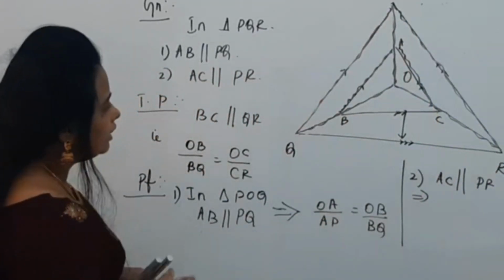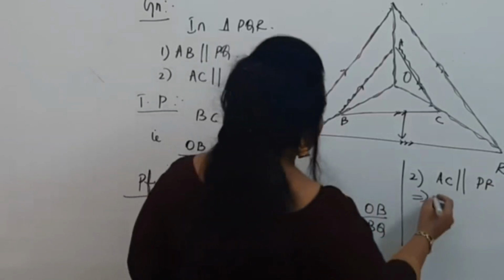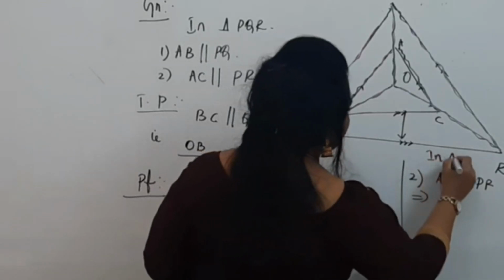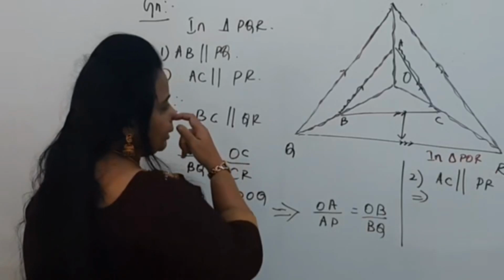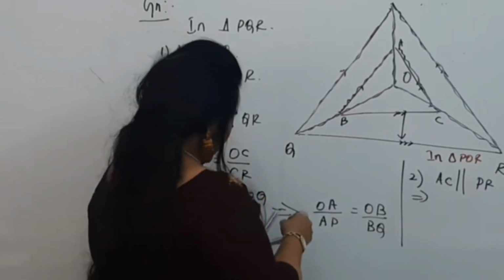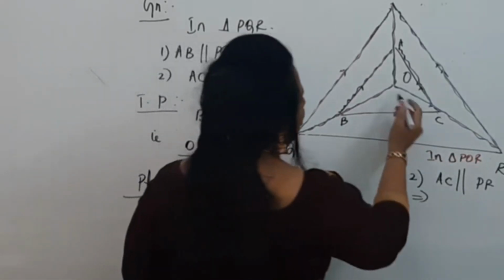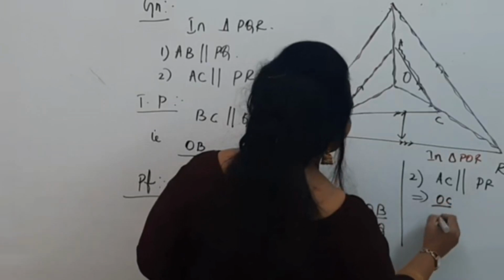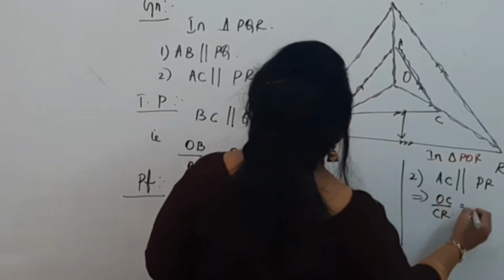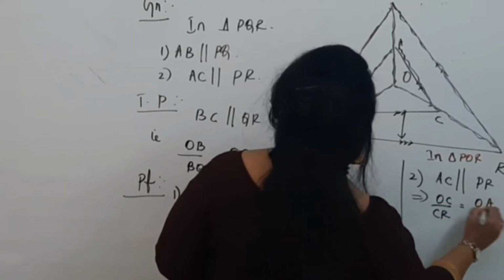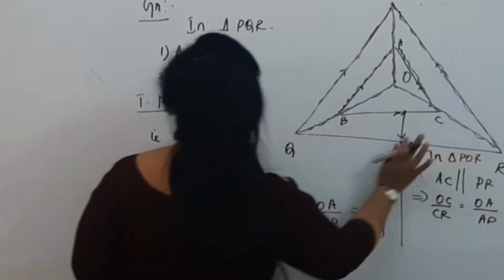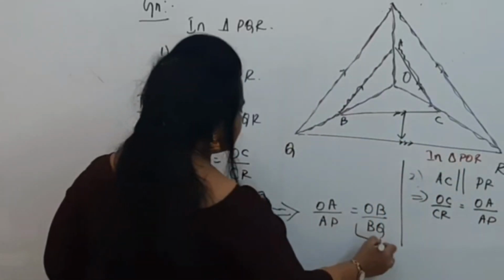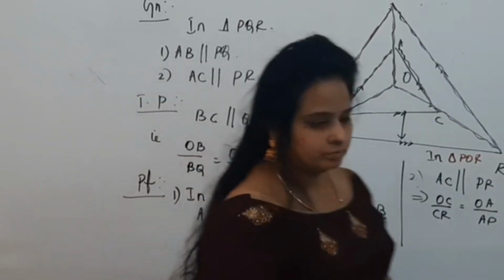So my triangle is POR. So in triangle POR, I have AC parallel to PR. So how do you write the ratio? The ratio will be OC divided by CR is equal to OA divided by AP. So this is my first and this is my second equation.